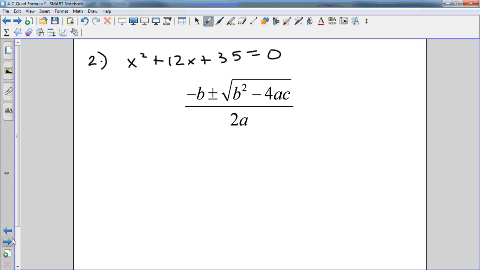Now, let's keep going. Let's do one more. X equals negative b plus or minus the square root of b squared minus 4ac all over 2a. You guys have it memorized by test time, huh?